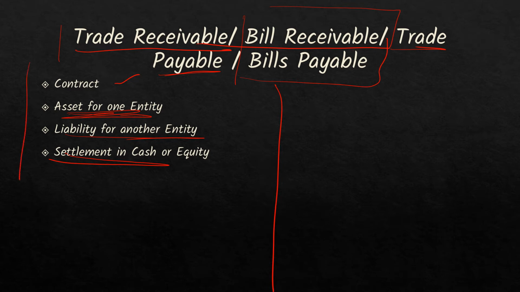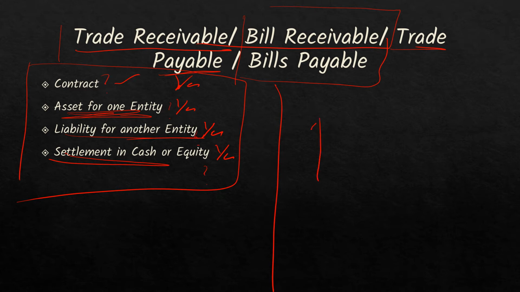So these four conditions are satisfied. Yes, yes, yes, and yes. The answer to all four conditions is yes. So all these are similar; you can check yourself. They will fall under the purview of financial instrument.